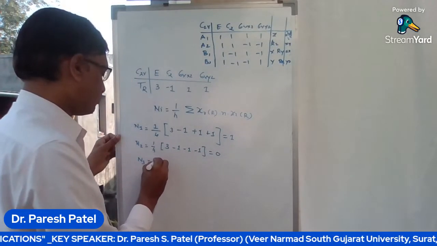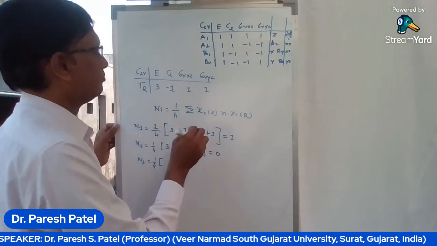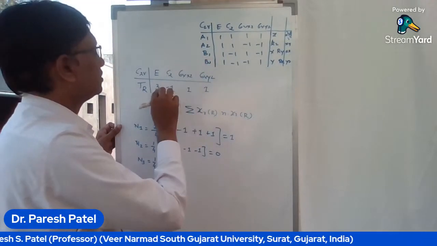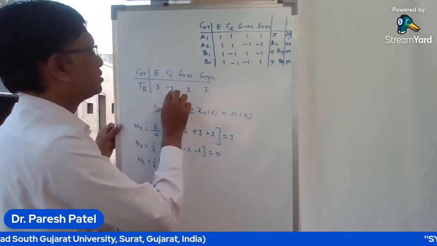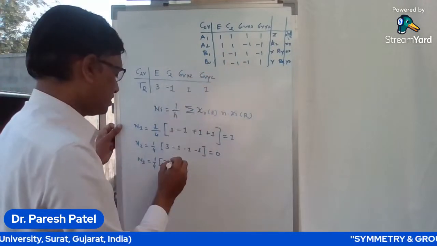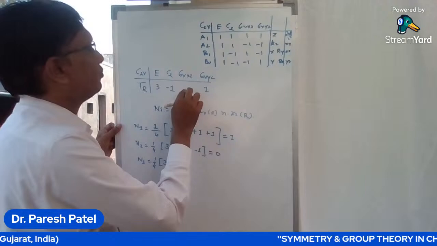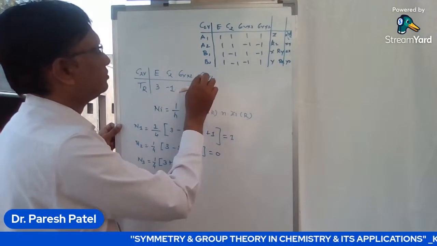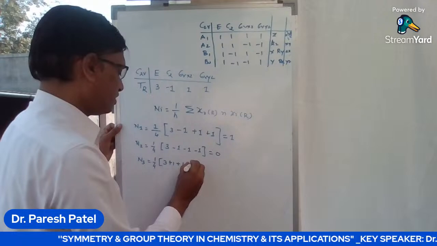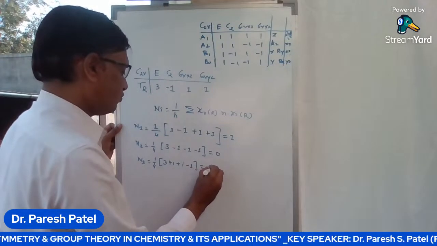N3 is equal to 1 by 4. So 3, 1, 1, 3. Minus 1, 1 minus 1 is equal to plus 1. 1, 1 plus 1. 1, 1 minus 1 minus 1. So the sum is equal to 1.